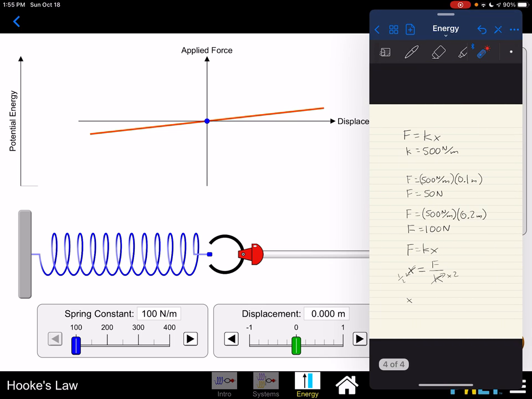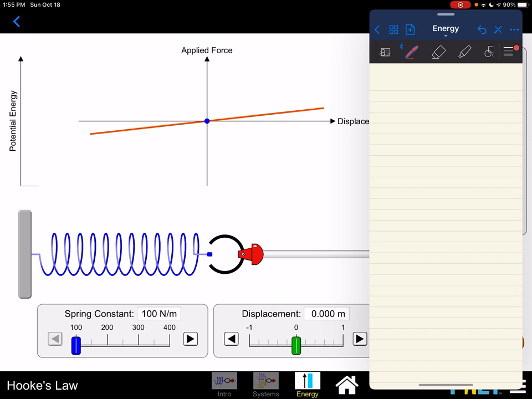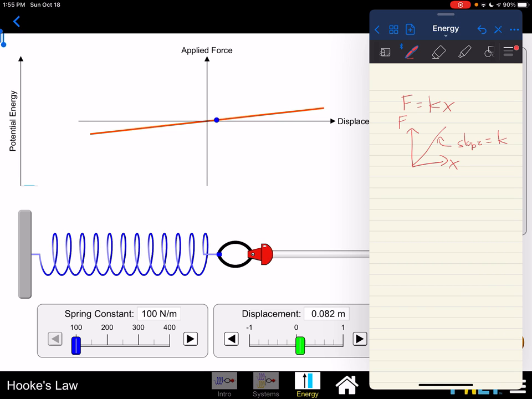Hooke's law shows us that there should be a linear relationship there. It's F equals kx. So if we graph displacement versus force, it makes sense that the slope of that graph will equal the spring constant, right?